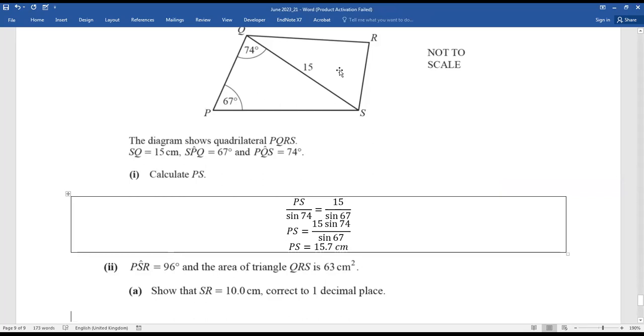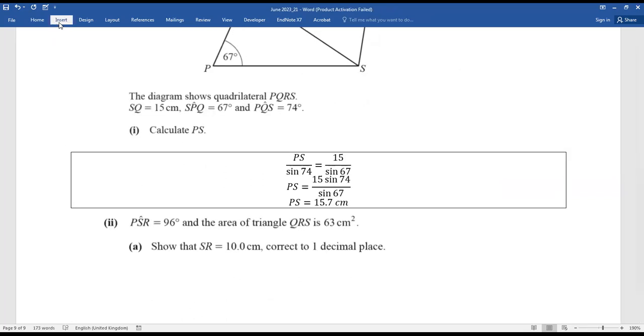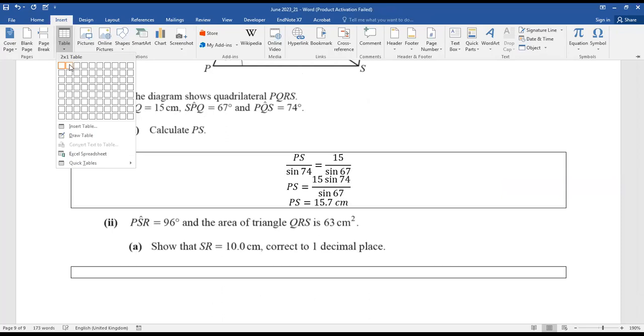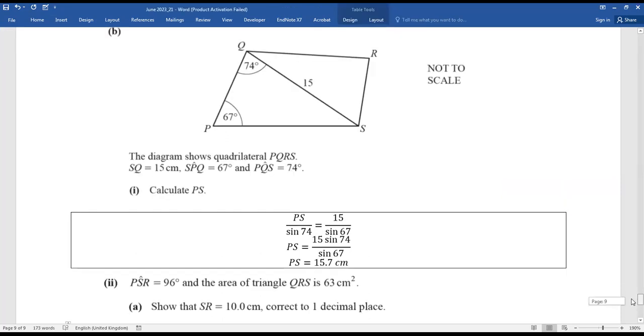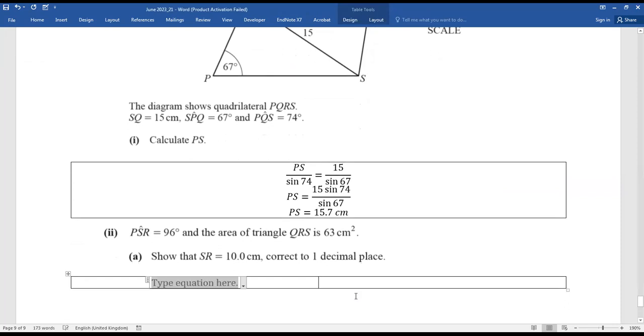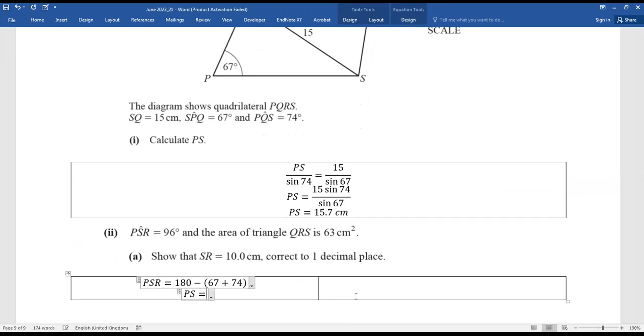PSR, this entire angle is 96. And the area of triangle QRS is 63 centimeters squared. So show that SR, so you can find the angle very easily. Let's find the angle PSR. We know PSR can be found by taking 180 and subtracting 67 and 74 because it is a triangle.